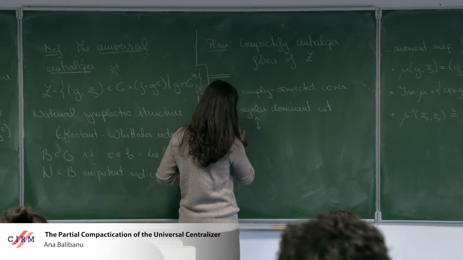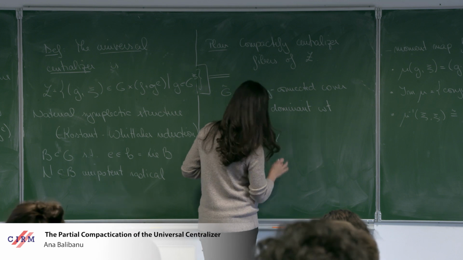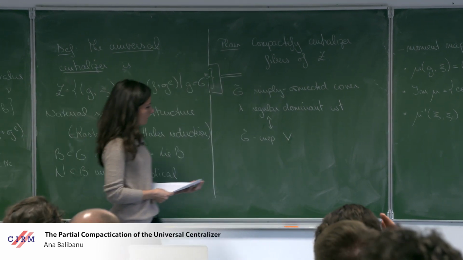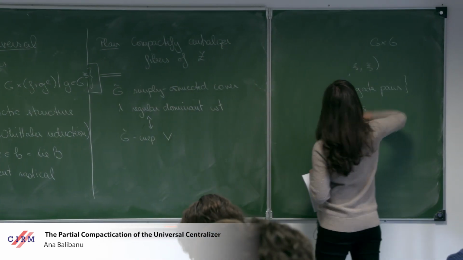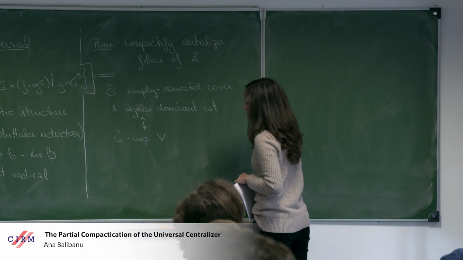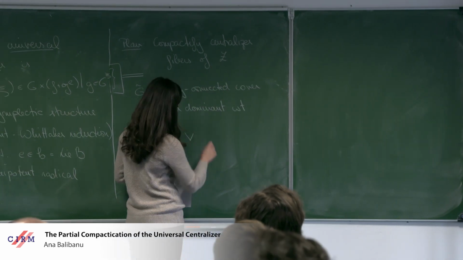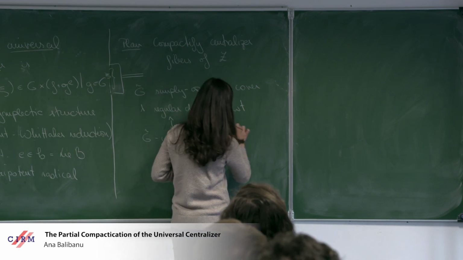And this corresponds to a regular irreducible representation of G tilde, which I'll call V. And then the wonderful compactification of G we obtain in the following way.